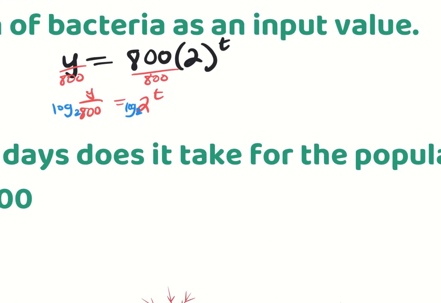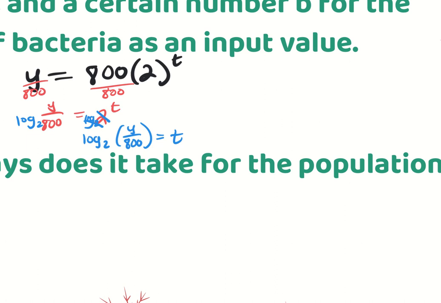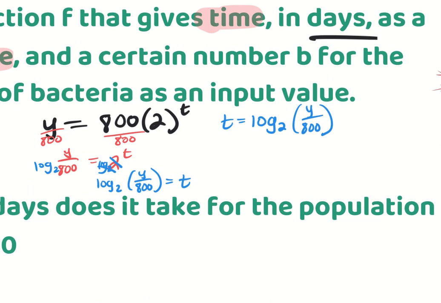So I get log base 2 of y over 800 equals log base 2 of 2 to the t, which cancels to give me just t. So time equals log base 2 of y over 800 would be the equation solved for t.